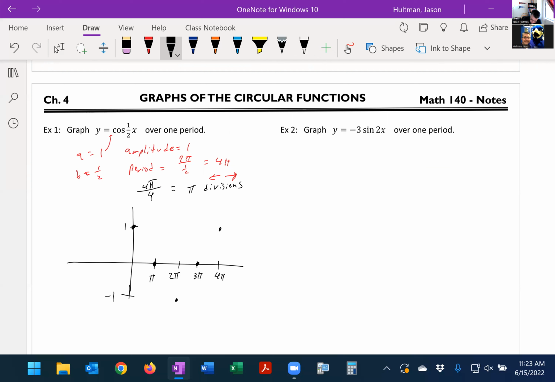We have to create the same shape that we had before. Maybe I'll put this in red. It's kind of like a U shape. The very top of the function is at the 1 there, and the very bottom of the function is at -1. And that's 1 cycle, or 1 period.